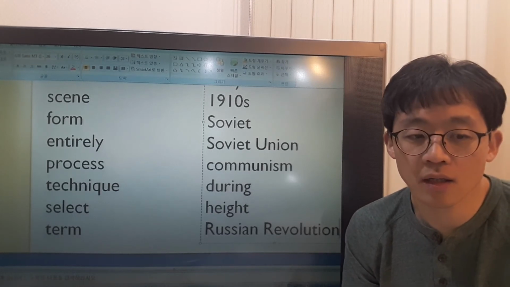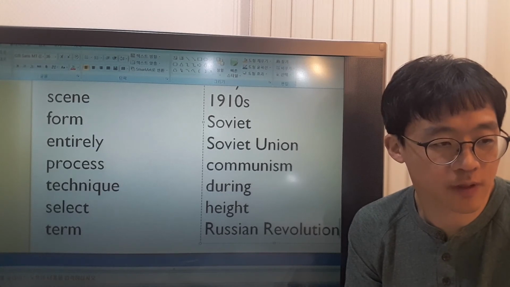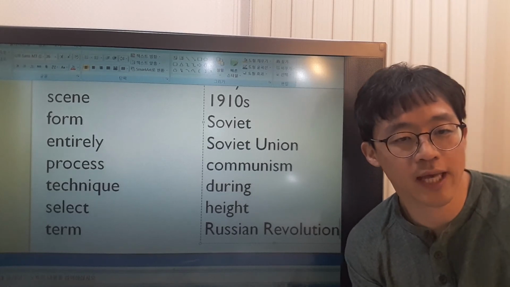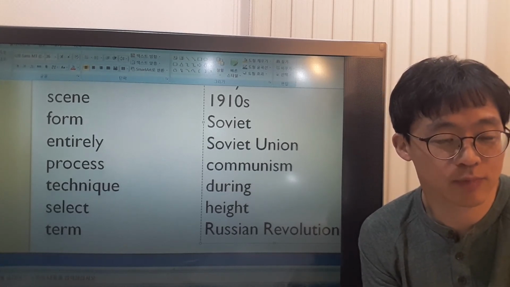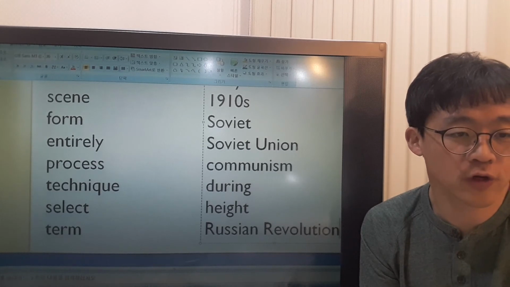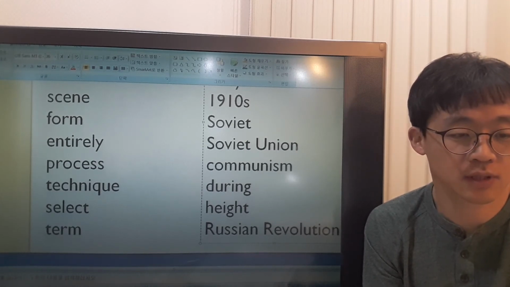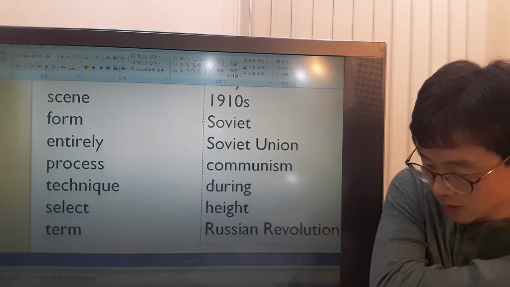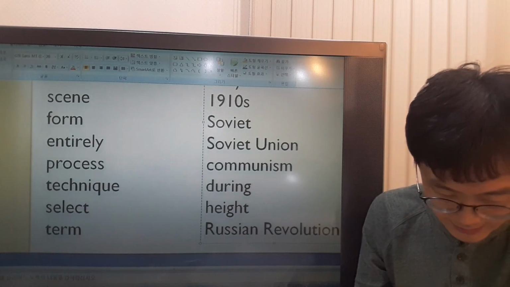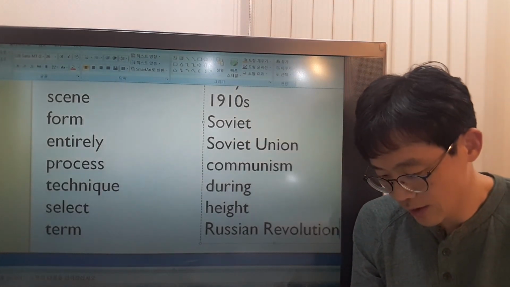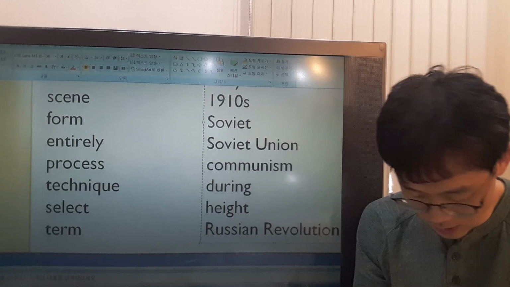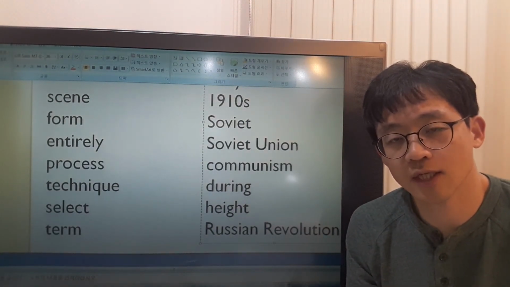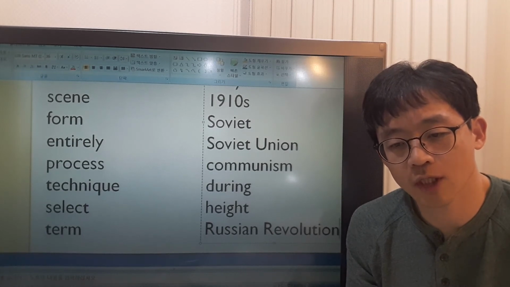And the Tsar of Russia was abdicated. That means the Tsar is an emperor. Okay. Abdicated means he was overthrown. That means removed from power. Okay, and that was in March 1917, and in November of that year, the Bolsheviks under Lenin achieved power.